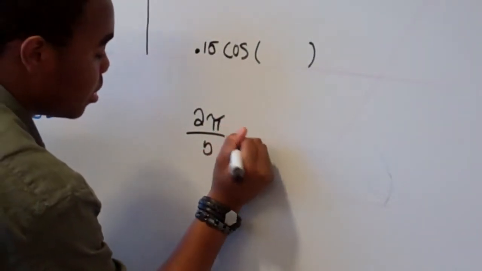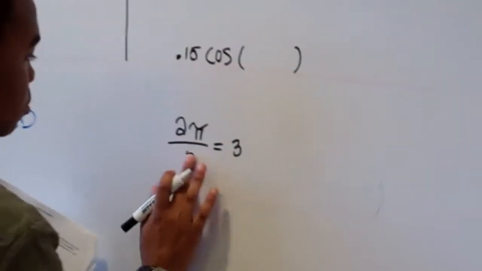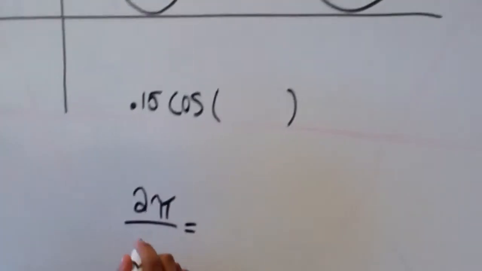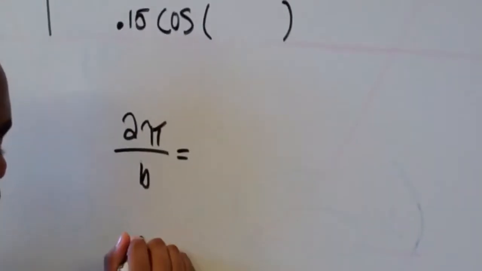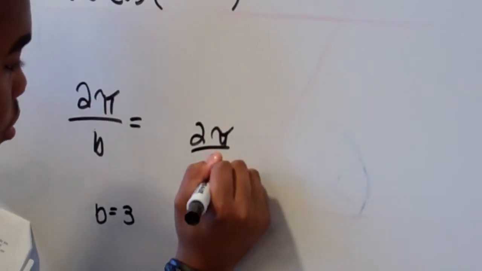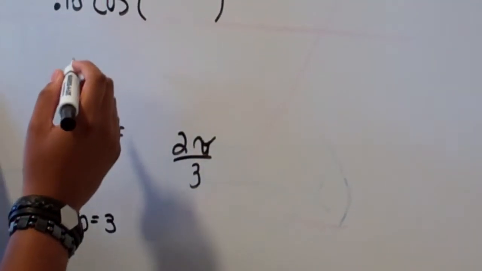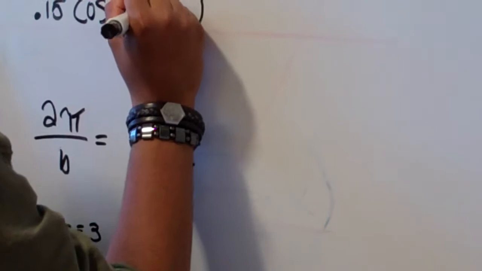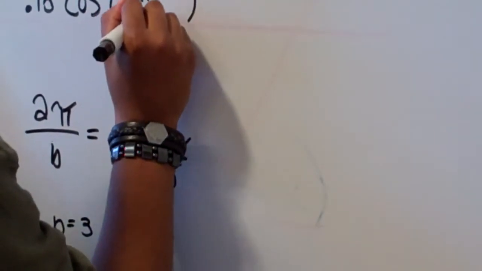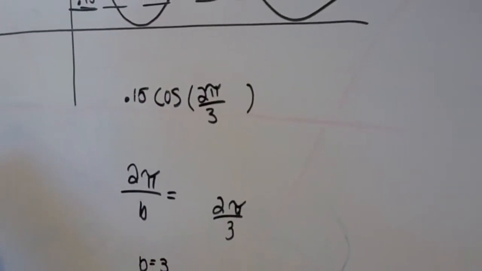And we know that our period is 3 seconds. So our b is 2 pi over 3. So our equation should look like 0.15 cosine of 2 pi over 3. Okay.